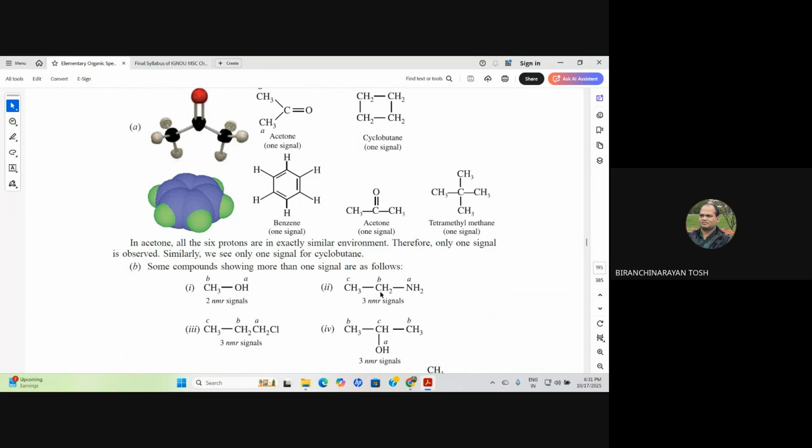If you consider the methylene group, two protons, this carbon has one methyl group and one amine group. So these two protons are different from these three protons because here this carbon is attached to only another carbon. So the environment is different. This is three protons, one set, these two protons another set, and the two amine protons are also a third set. So that's why we'll get three NMR signals.